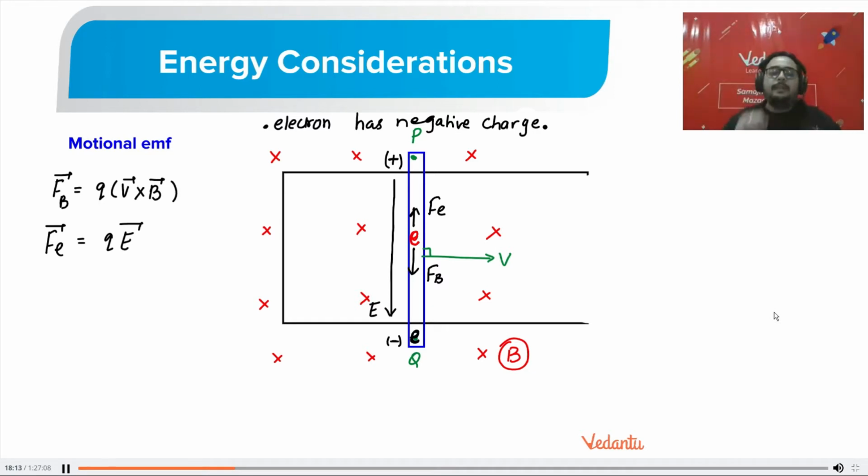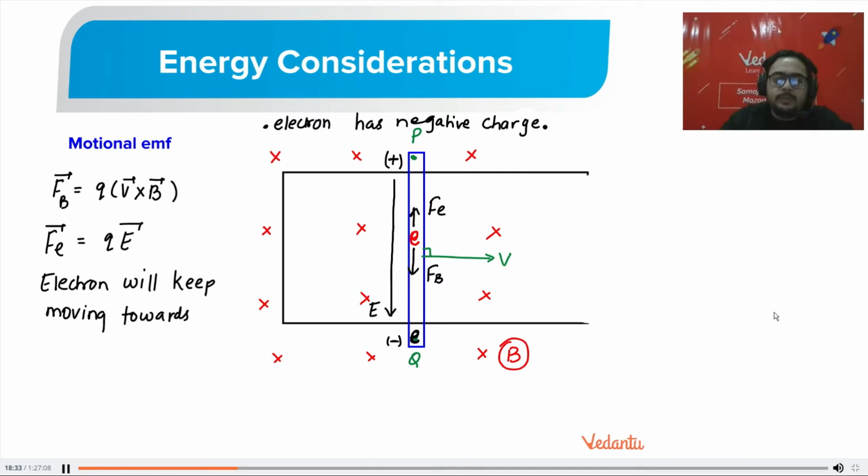So what happens? Electrons start moving in one direction until the forces are balanced. Electrons will keep moving towards point Q until the electrostatic force in magnitude becomes equal to the magnetic force.